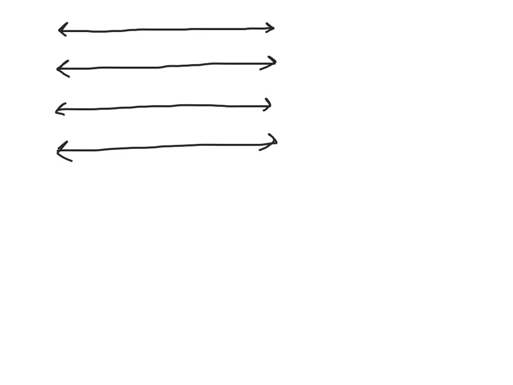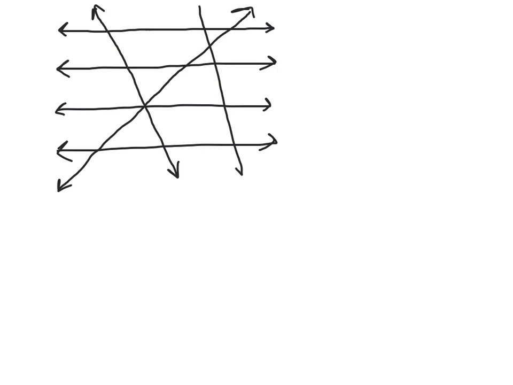And let's see here. We got a couple of different transversals going on. We have one going through something like that. We've got another one going through like that, and we've got a third doing something like that. Okay, we have our parallel lines.